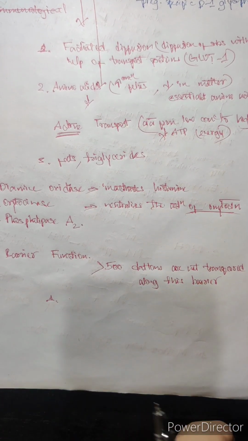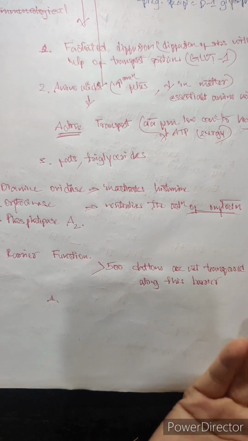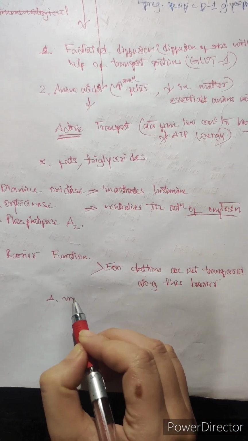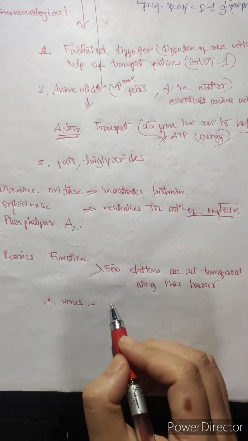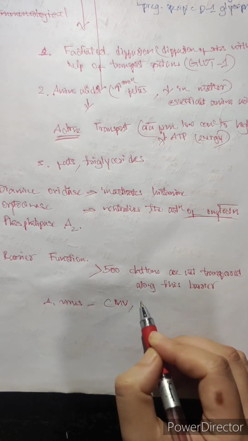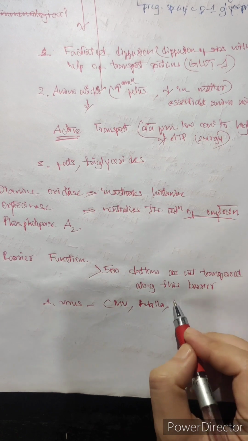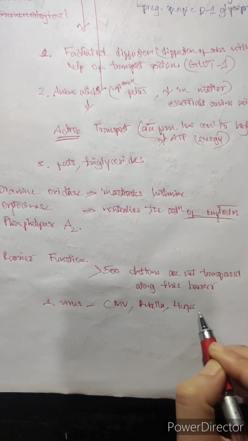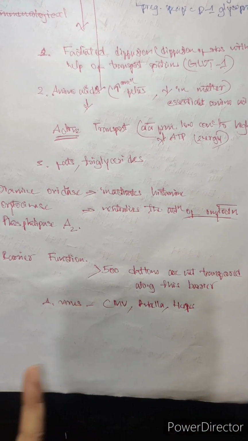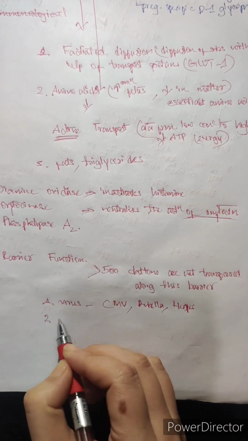Because of this reason, your fetus suffers from infections such as, for example, the viruses CMV, rubella, and herpes zoster. Okay, these are some of the viruses which happen to cross the placental barrier.